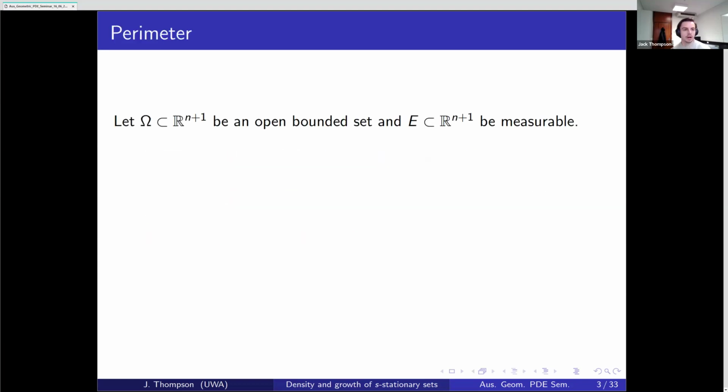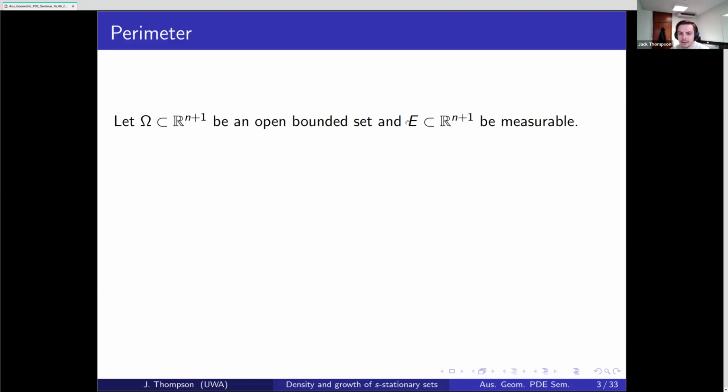Okay, so we first need to begin with some definitions from geometric measure theory and sets of finite perimeter. We begin with a set Omega in R^{n+1}, which is our container, and we just take it to be an open bounded set.